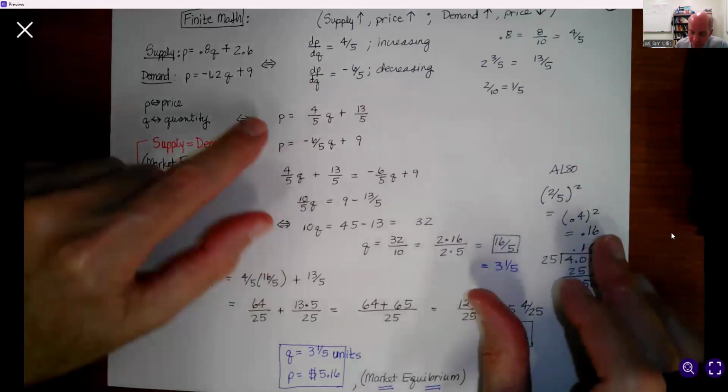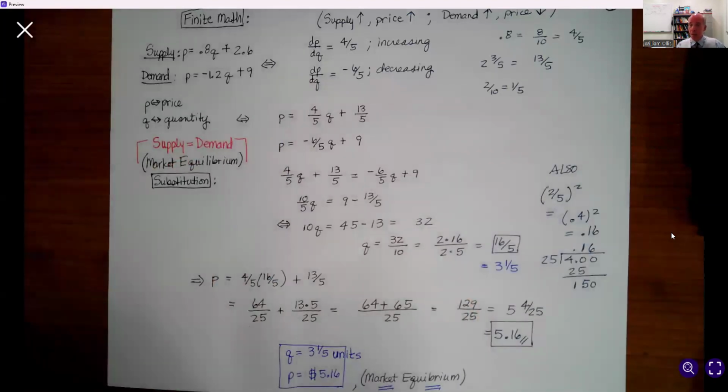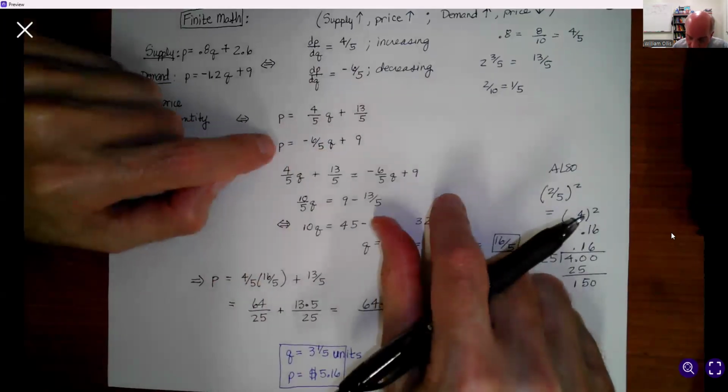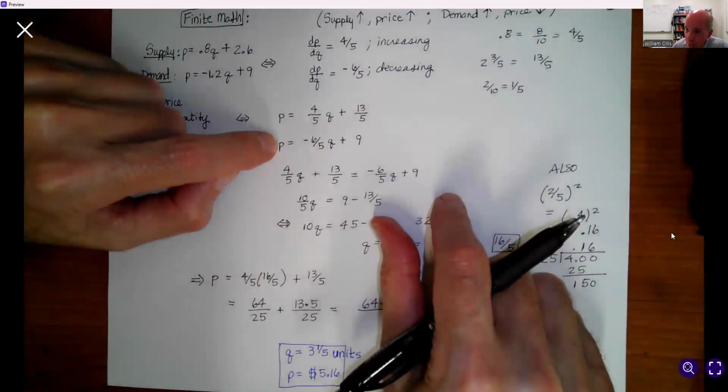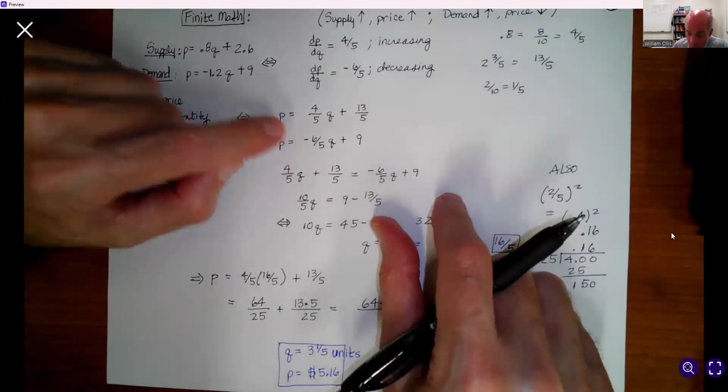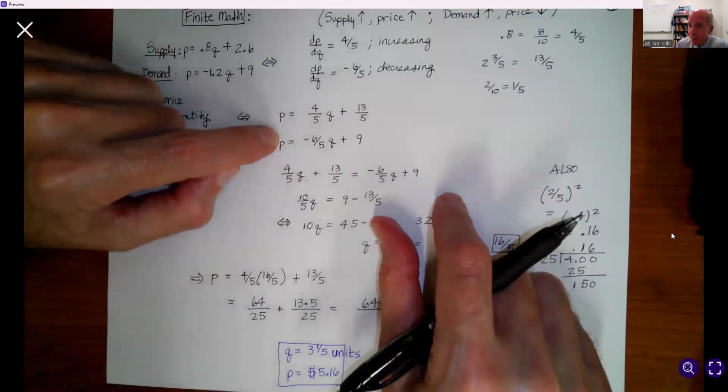So that would mean that we would want to set the two equations equal. When we look at this, we've got P solved in each case. So we can definitely just set both equations equal because they've been solved for P.